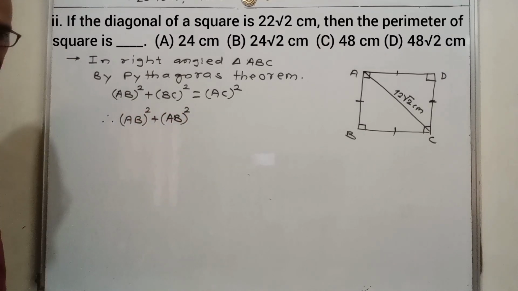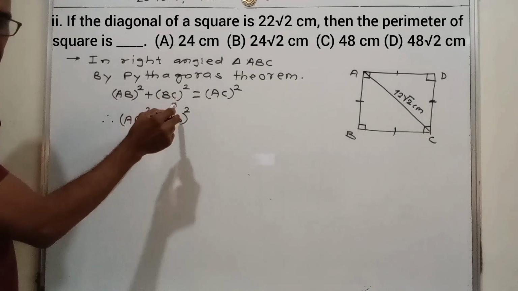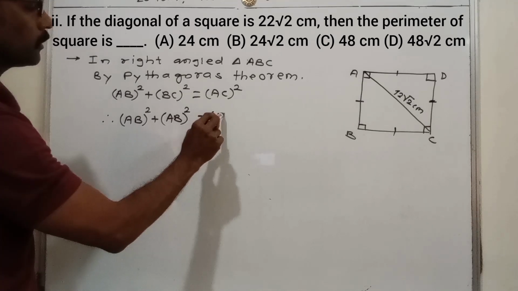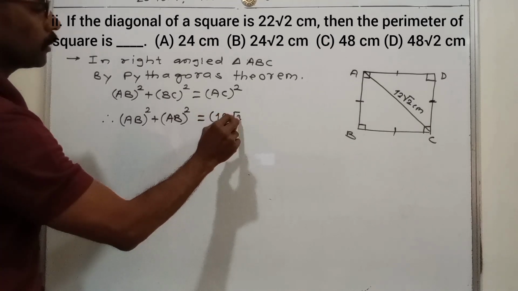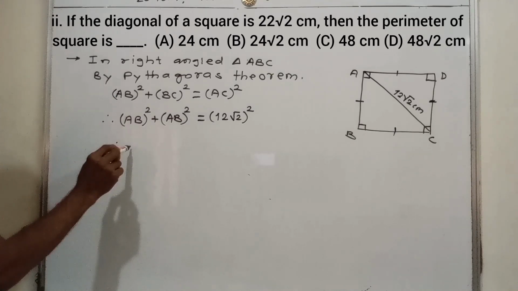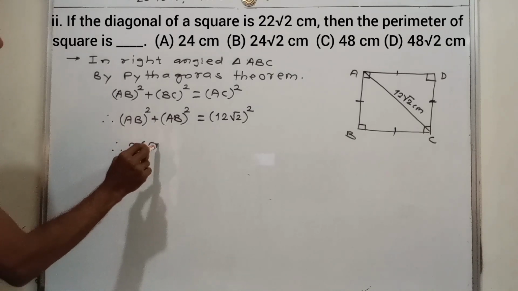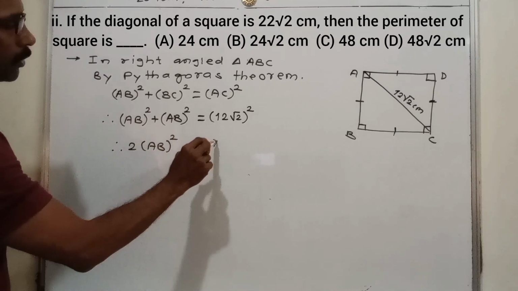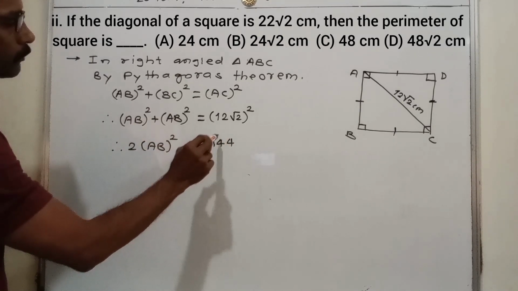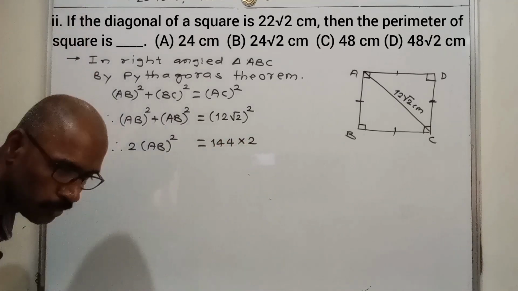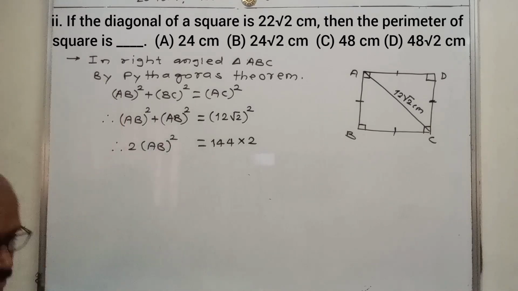Did you get it? Is equal to AC, or is 12 root 2 bracket square. Therefore 2 AB square is equal to 144, 12 square into 2, square root of 2 bracket square is 2.